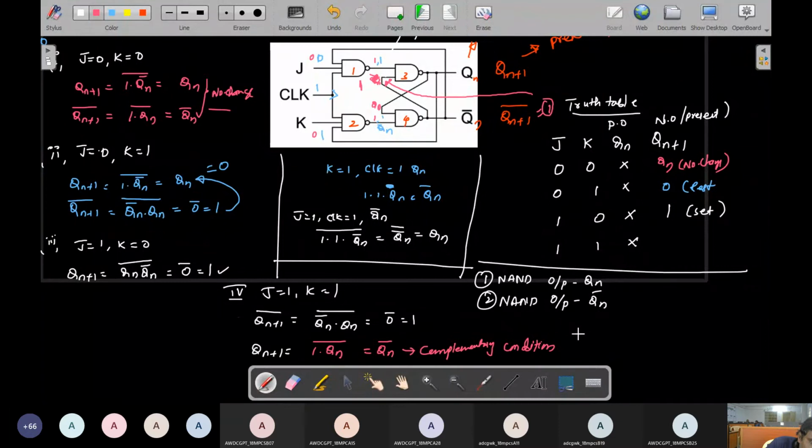If you consider the complementary port Qn plus 1 whole bar is equal to 1, then Qn plus 1 is equal to 0. And once again, if complementary Qn whole bar is equal to 0, then your Qn plus 1 is equal to 1. So every time the state will be changed.